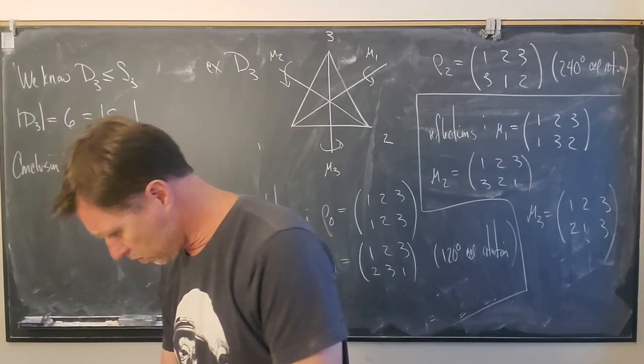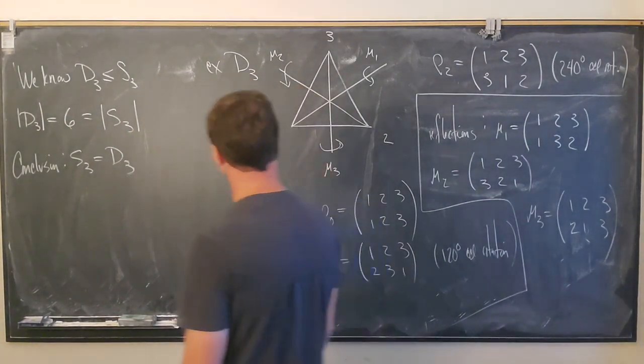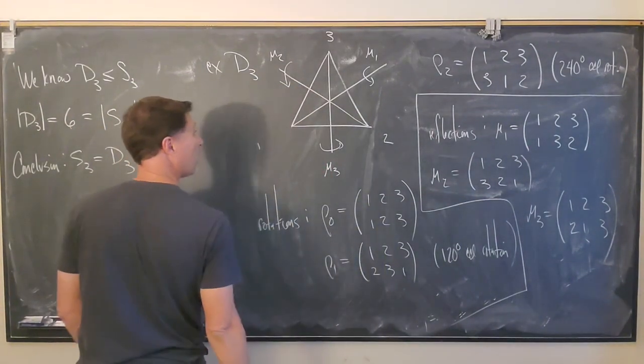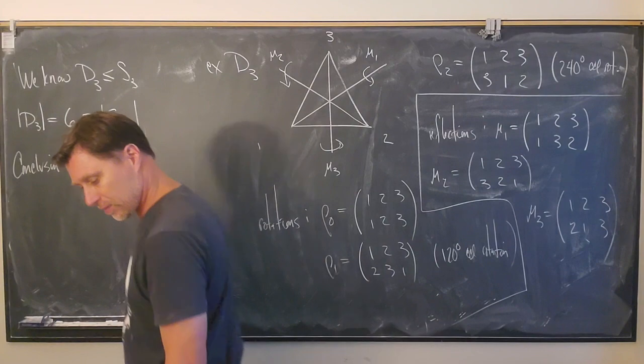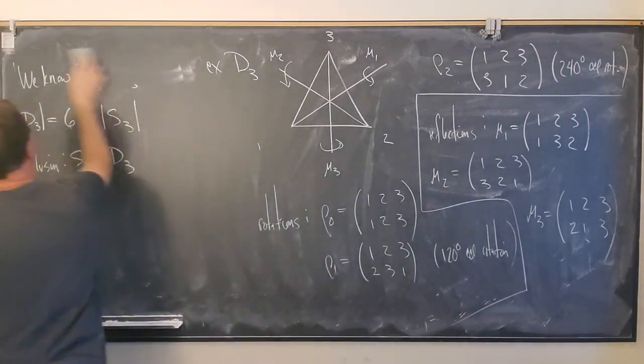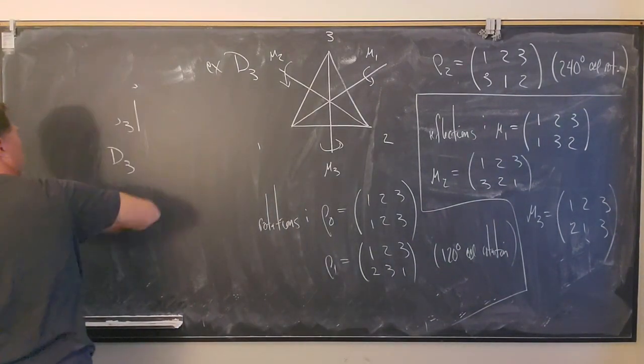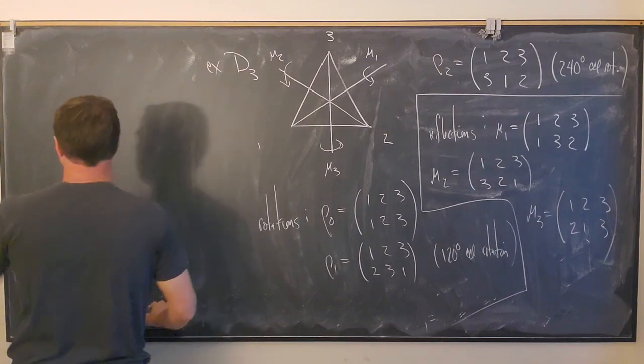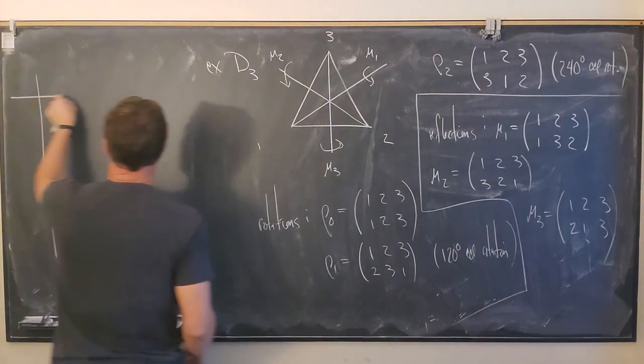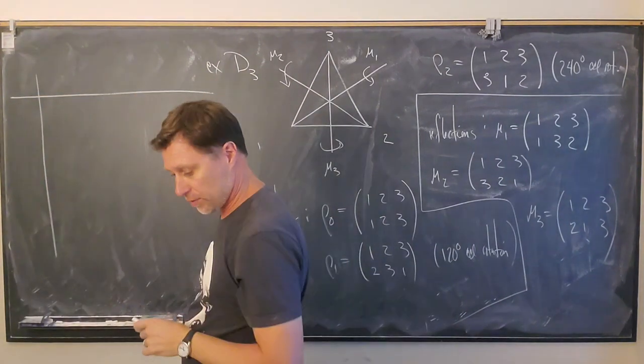Let's do a little bit more here. I'm going to actually work some of it out. What I want to do is write down the Cayley table for D_3.